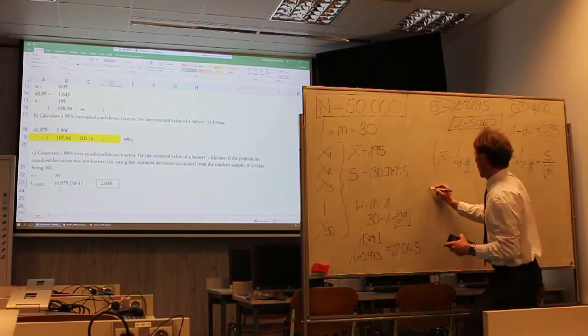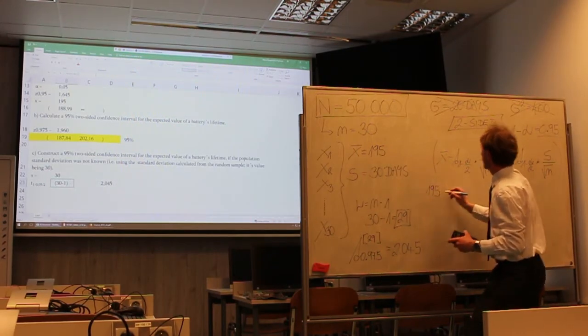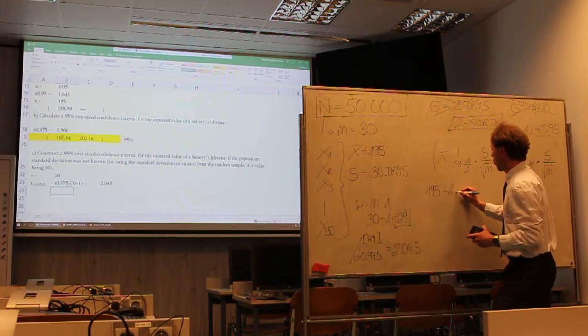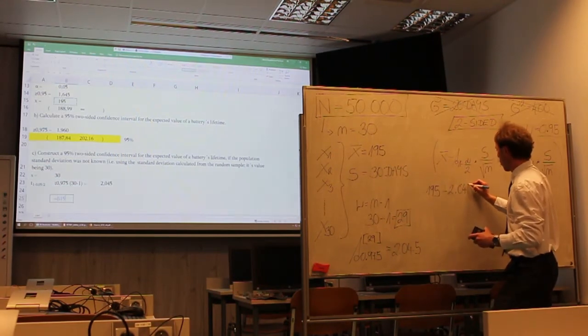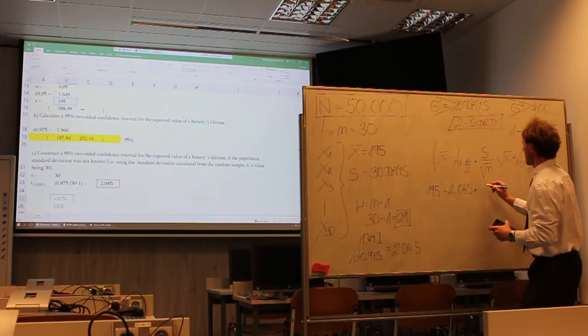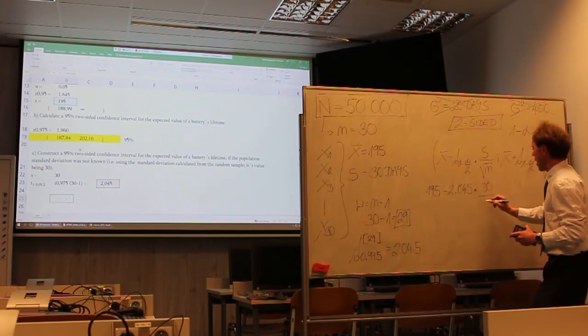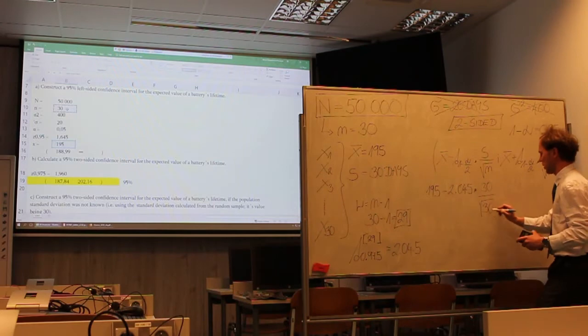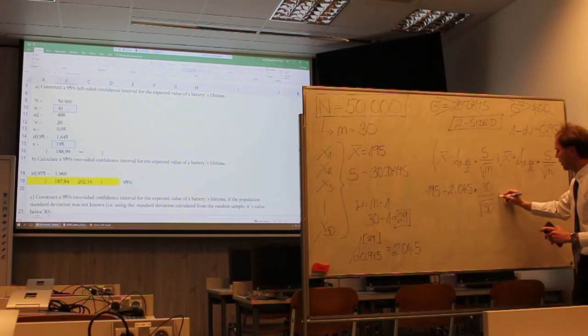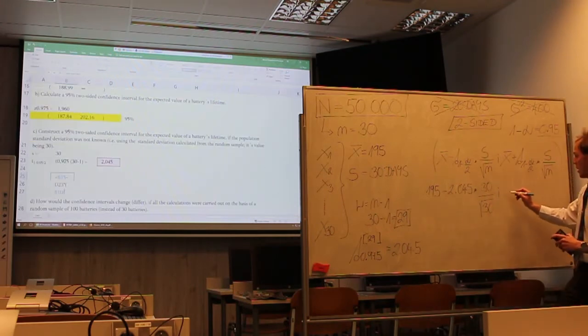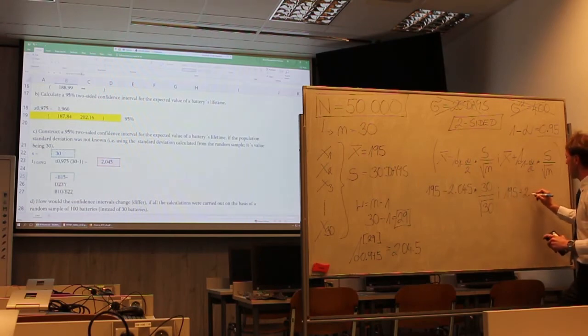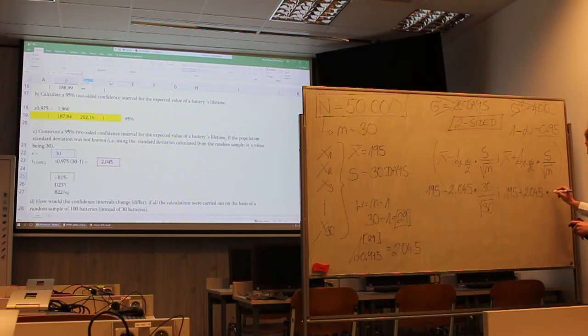So we will use this formula. The mean 195 days minus 2.045 times 30 divided by square root of 30. This is the left side. Right side: 195 plus 2.045 times 30 divided by square root of 30.